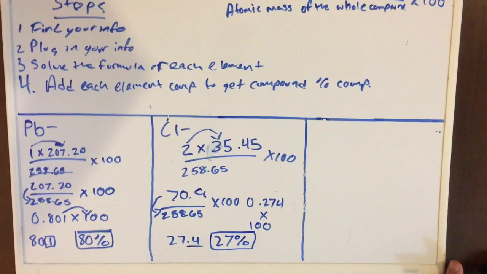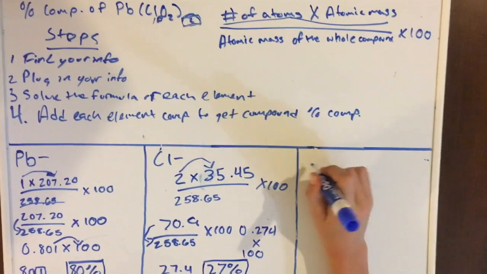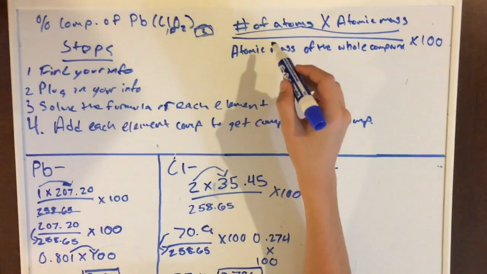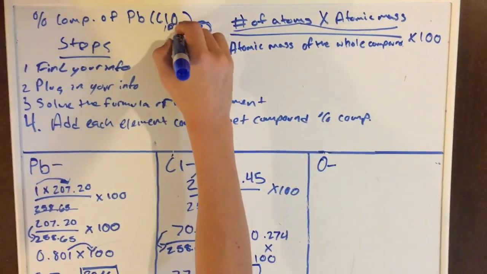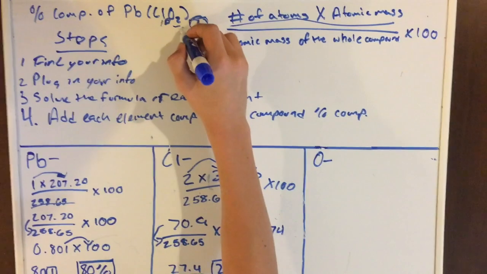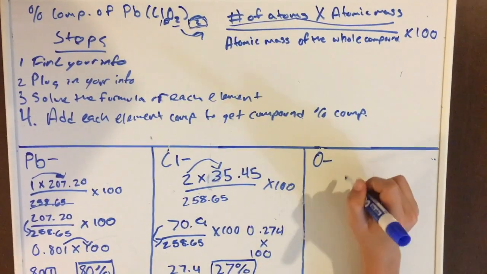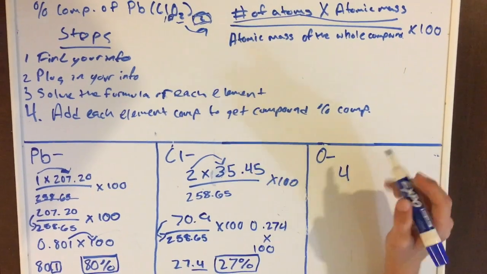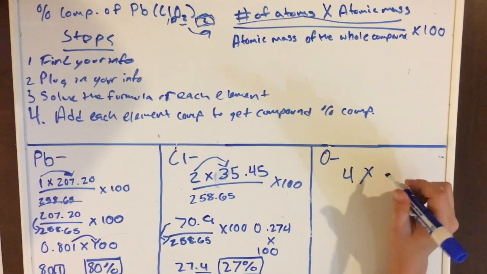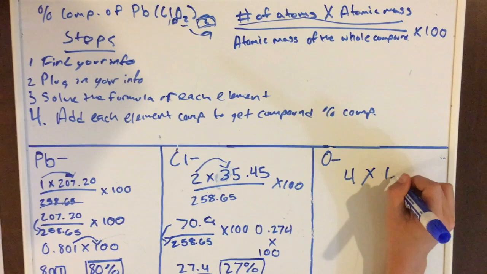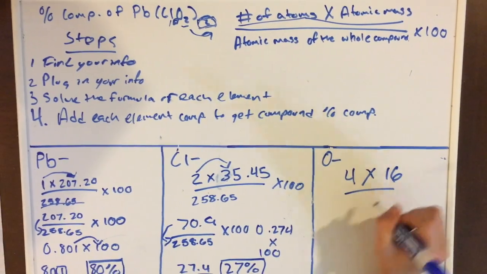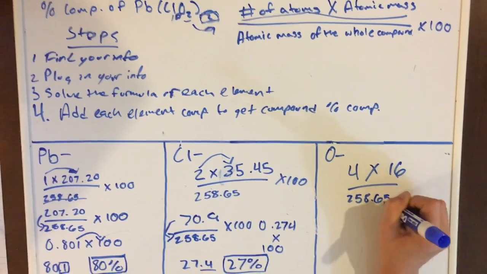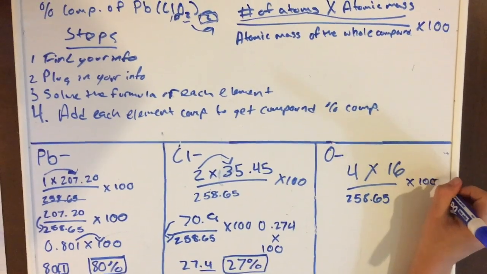And now we need to find the percent composition of oxygen. And what we're going to do is find the number of atoms. You see how it has a 2 right here. You have to multiply that 2 by this 2. You will get a 4 for the number of atoms, multiplied by the atomic mass, which is 16, all over 258.65 times 100.